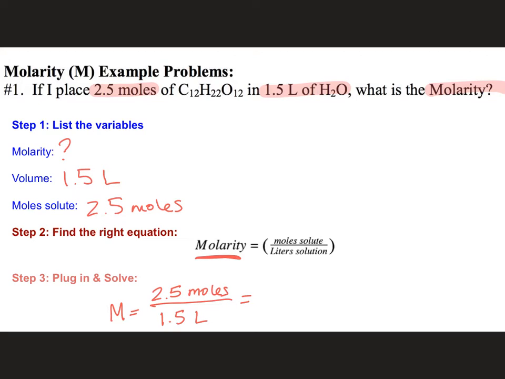And I have my calculator, 2.5 divided by 1.5, and I get 1.67 M. So the molarity of the solution is 1.67 M. So make sure you have this written down for your concentration calculation worksheet.